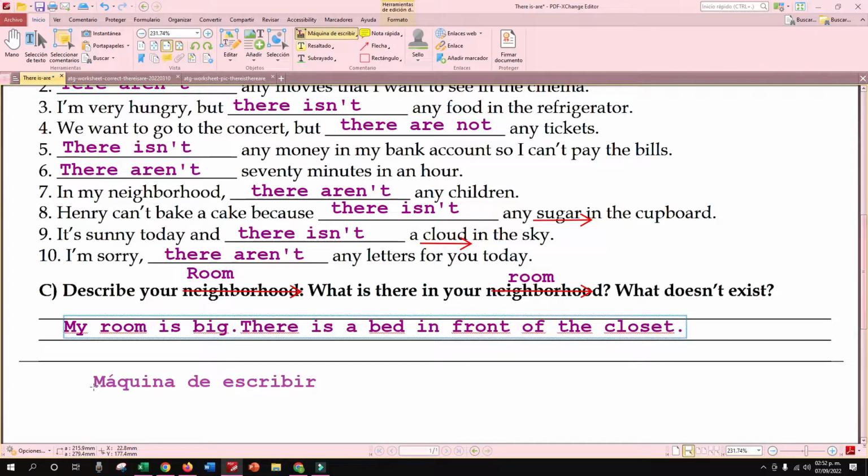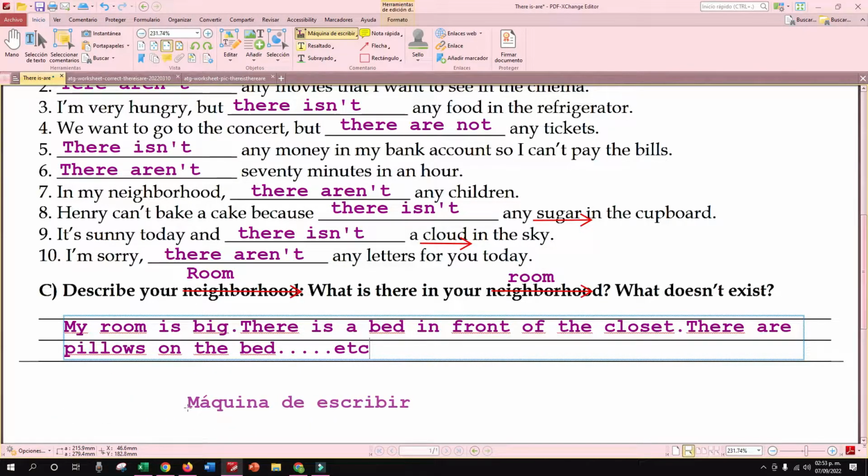That would be one, right? There is a bed in front of the closet, or you can say there are pillows, pillows on the bed, right? Etc. So you're going to describe your room.